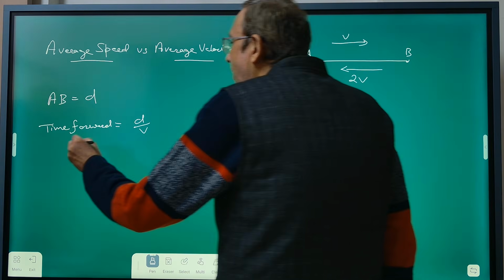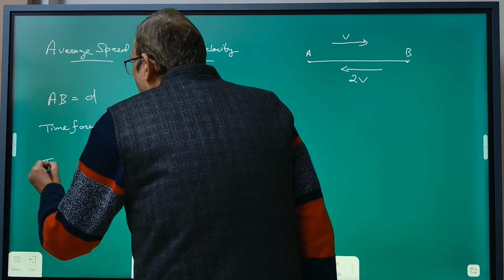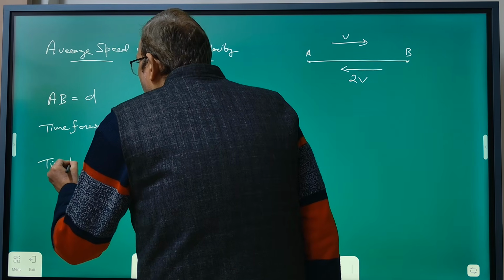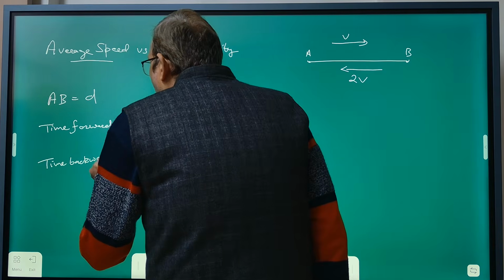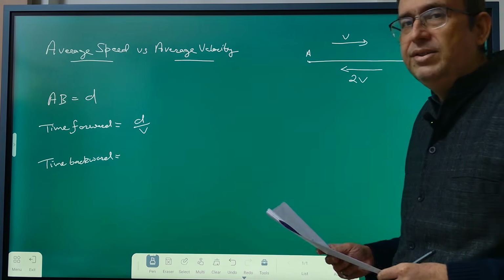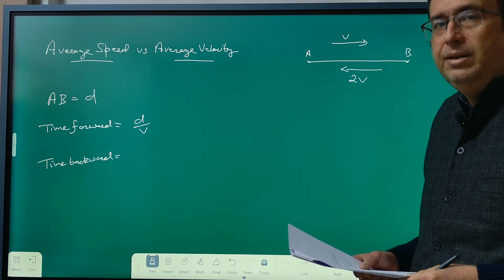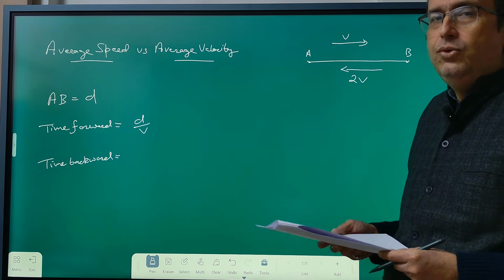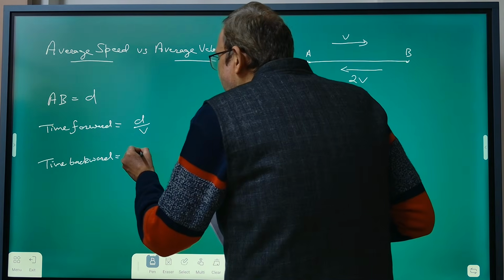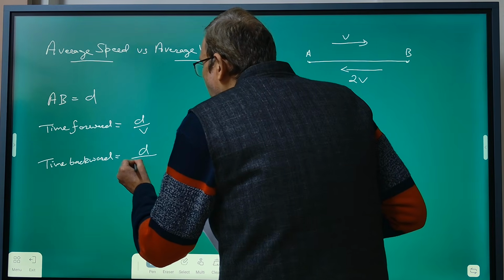And the time backward is again the distance divided by the speed. And you know the speed in the backward direction is 2v, so the distance remaining the same, it is d by 2v.